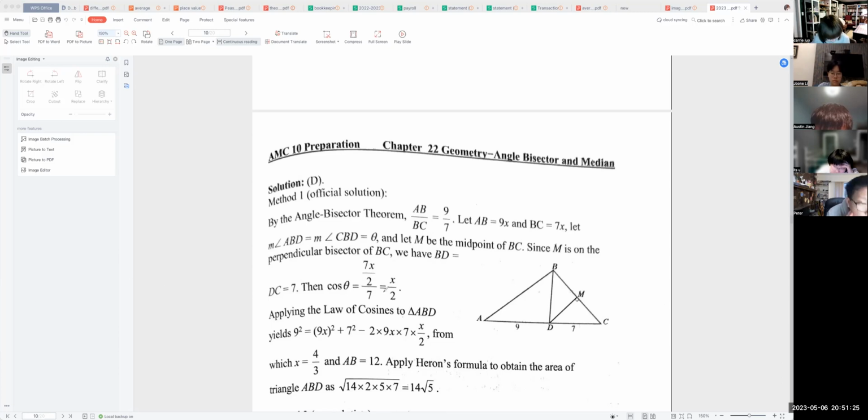So we have side AC and the perpendicular bisector of BC. So we have BC and we have this one. So DM is perpendicular to BC at M, okay? And BD bisects angle ABC, so these two angles are equal to each other. Okay, and if AD equals 9 and DC equals 7, what is the area of the triangle ABD?